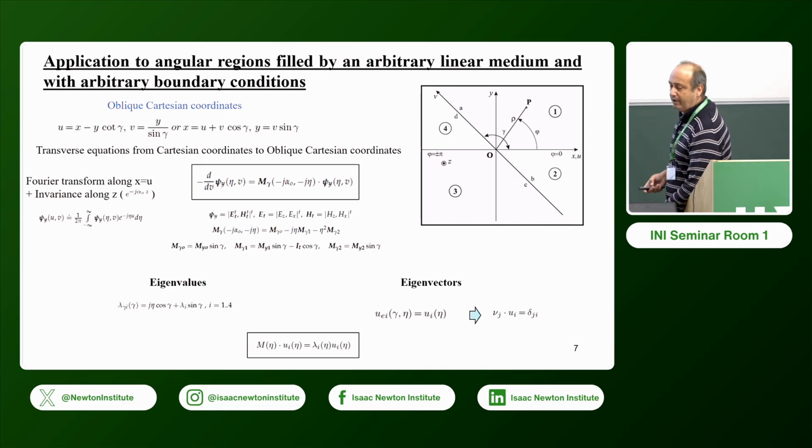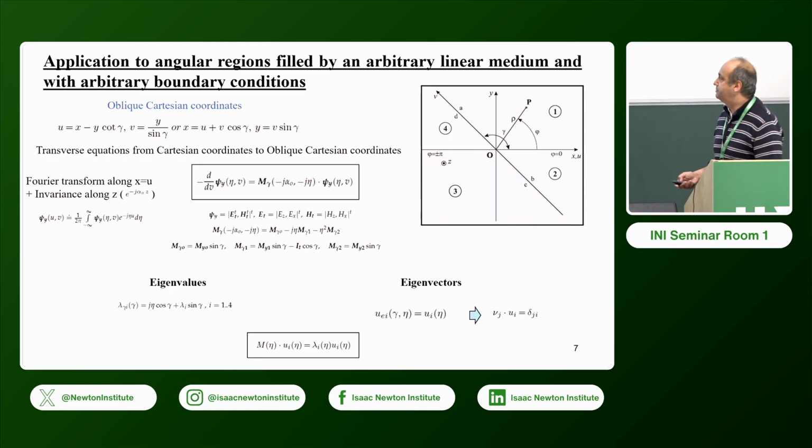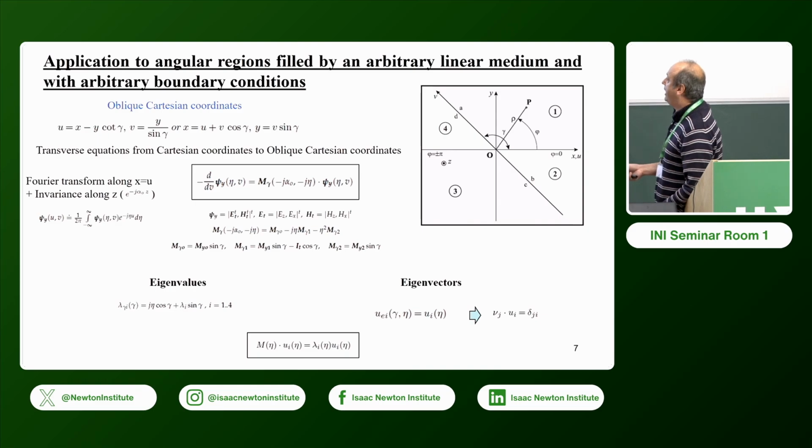And M, we discovered M has special properties because M is completely related to the M of stratified media. You see here a representation of the decomposition of M in 3 matrices related to the M of the stratified region. There is a dependence on the aperture angle gamma, but it's very similar.